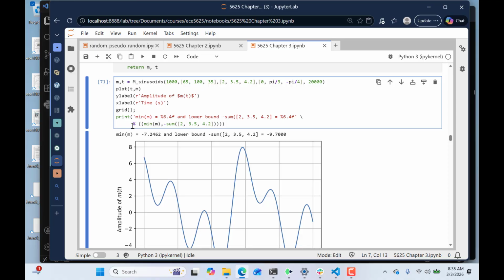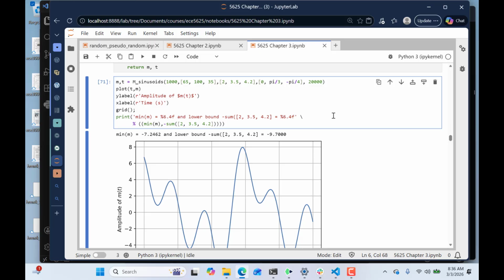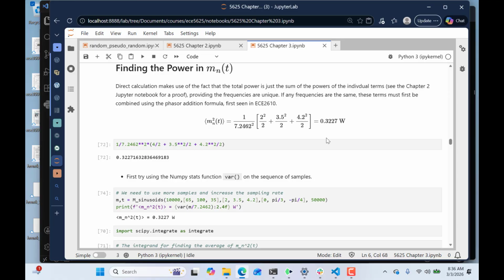And this is the old formatting system rather than the F strings that we've been looking at. So this is the help on that function, min, and there's a max, and they're NumPy functions. Then I did a calculation of the power.